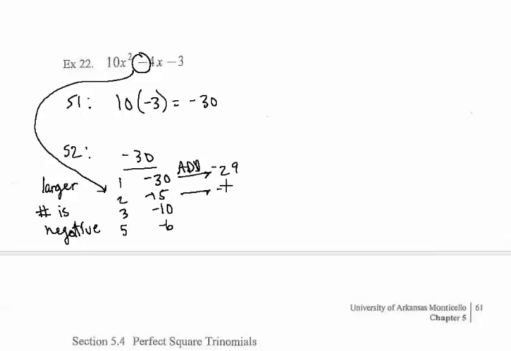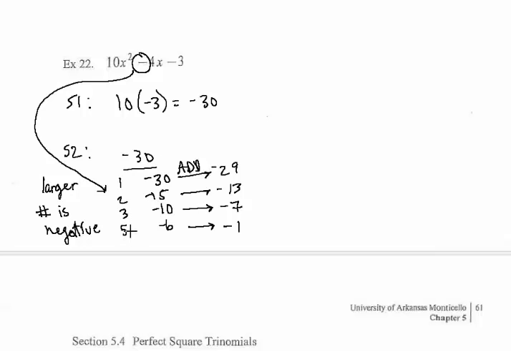2 and negative 15 is minus 13. 3 and negative 10 is a negative 7. And then 5 and negative 6 gives me a negative 1. Okay, and unfortunately, let me check my numbers here.